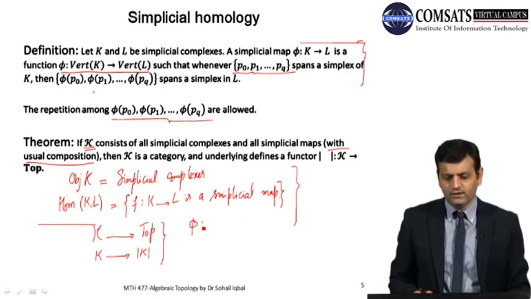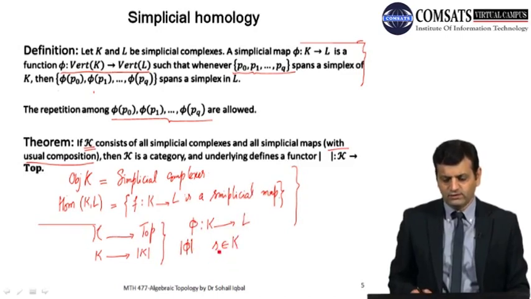Similarly, if we have a simplicial map between two simplicial complexes, then we define phi mod in the following way. Given any simplex S belonging to K, we take the image of S under this phi mod.